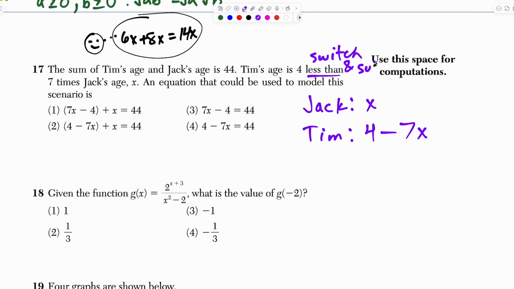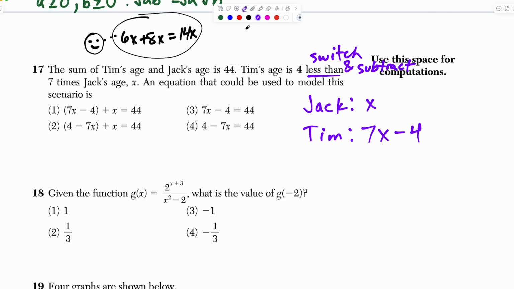Okay, switch and subtract. So what that tells us is we're going to have to rewrite this. We're going to go with 7 times Jack's age x is 7x, but 4 less than that would be minus 4 after. Okay, so if you reread that a few times, you'll be convinced 4 less than 7 times Jack's age x would actually be 7x minus 4.